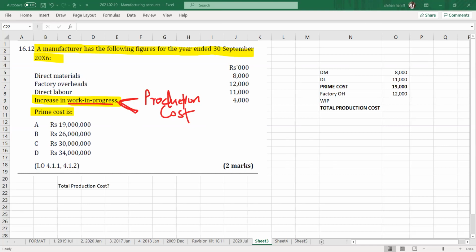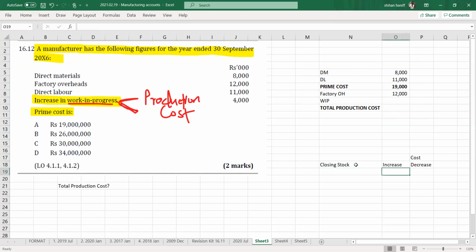Yes. So if the work in progress or the stock increase, I'll tell you the relationship. If the closing stock increases, the cost will decrease.